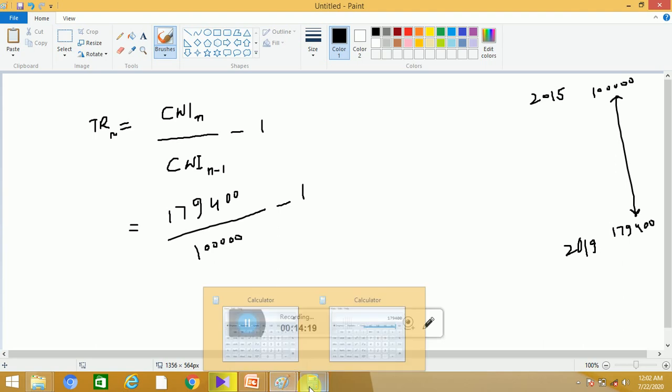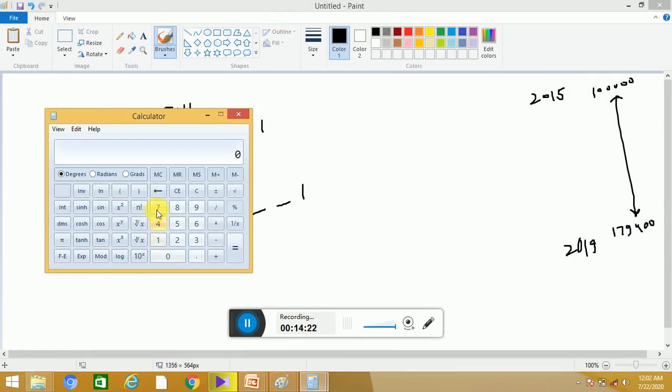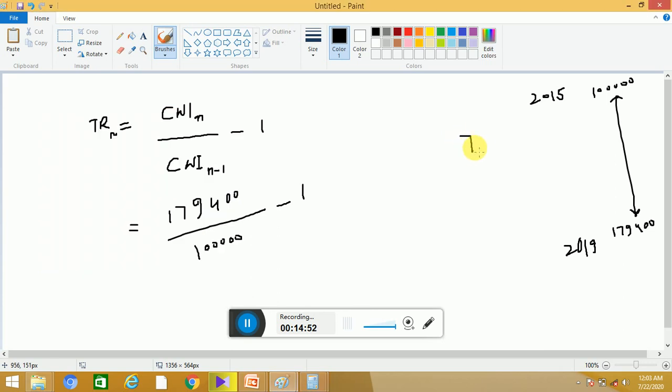Now calculate this using calculator. 179,400 divided by 100,000 is equal to 1.79 and minus 1, which is equal to 0.79, means 79.4%.